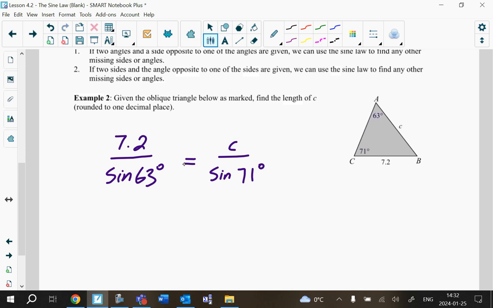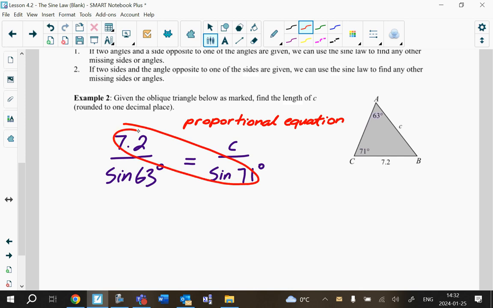When you have an equation that has a single fraction on either side, we call this a proportional equation. Instead of timesing by sine 63, then timesing by sine 71, you're going to get the same equation to solve if you cross multiply.